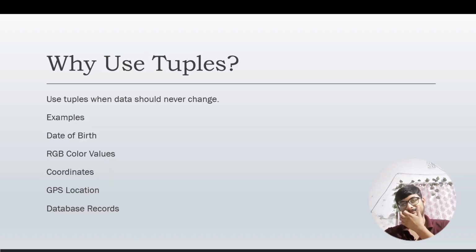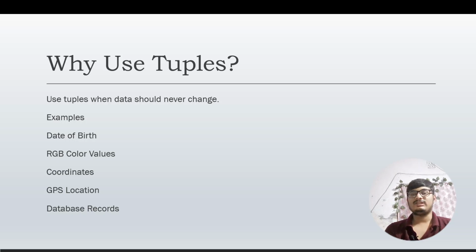Which is why use tuple. When we use tuple, the data inside the tuple does not change. So it can be used to store values that are unchangeable, which do not change, such as date of birth, or coordinates. The place that you are in right now has coordinates, and when we enter those coordinates, we will be able to pinpoint the specific location.